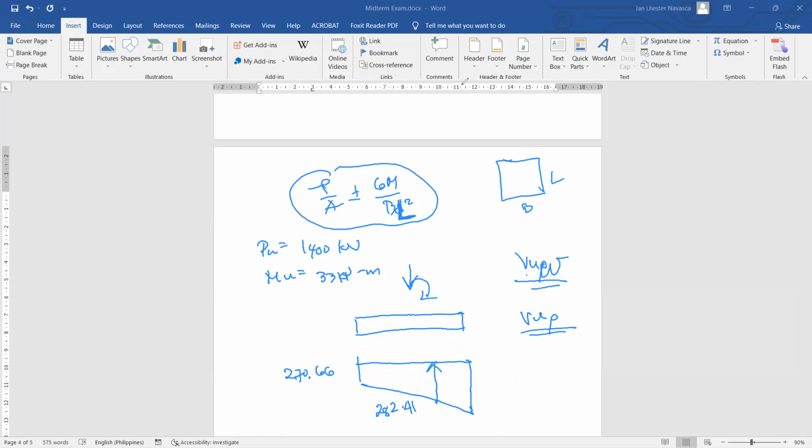The pressure at the face of the column, I think, is 293.06. If this is 307.85, this is 293.06.